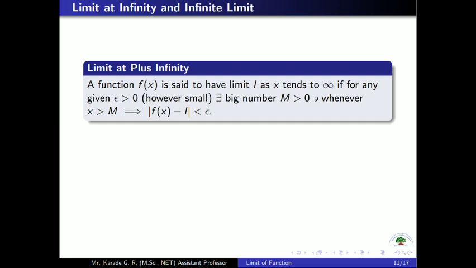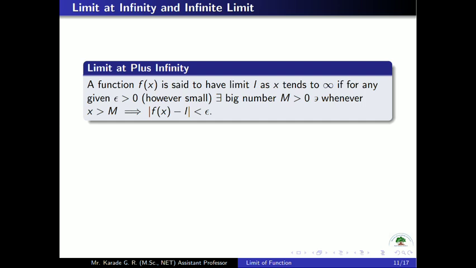So meaning of this thing is, we say that values of function f of x approach towards a real number L if x becomes larger and larger.